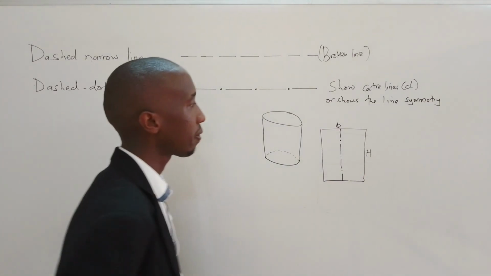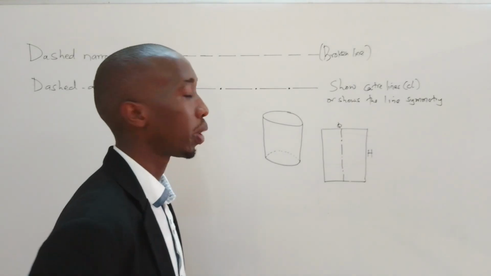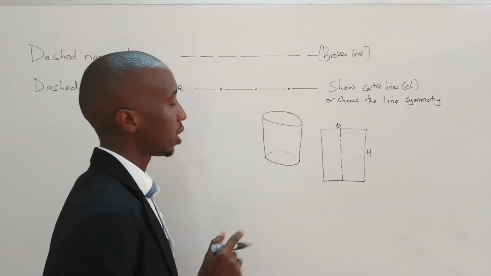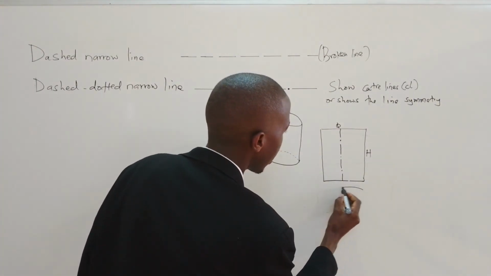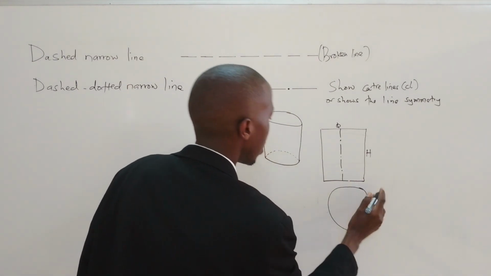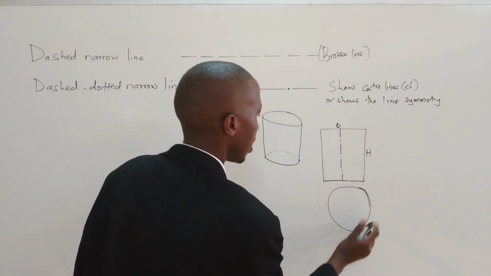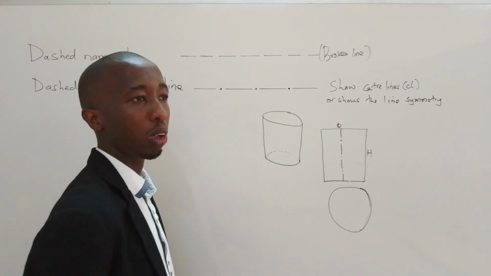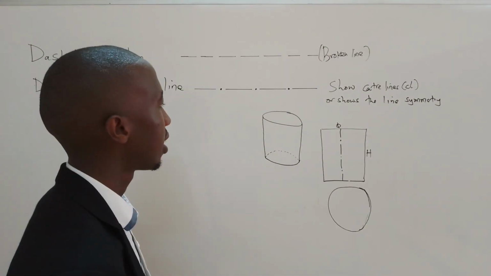And of course, in orthographic, you will be showing the plan, so someone will know that this one is a circle. If one interprets this and wants to draw in pictorial, you realize that it's a drum.